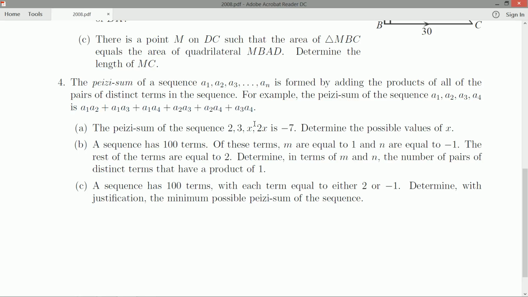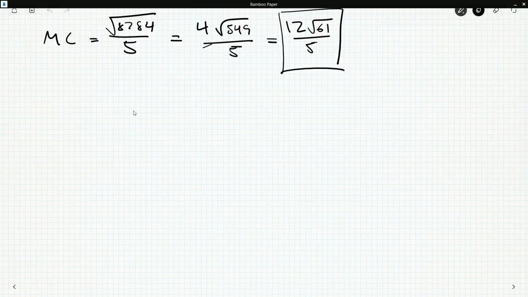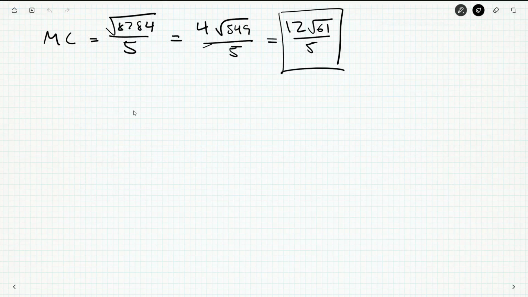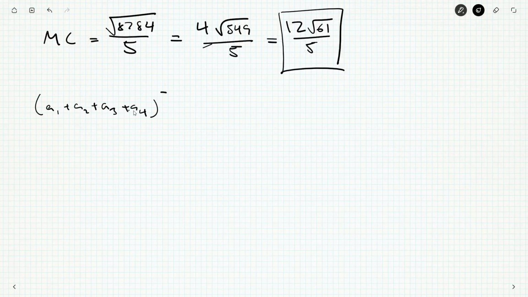So that's an interesting concept. I don't think I've seen anything exactly like that. I'll tell you what this puts me in mind of. These A1A2s times A1A3s, it makes me think of the expansion of A1 plus A2 plus A3 plus A4 squared.